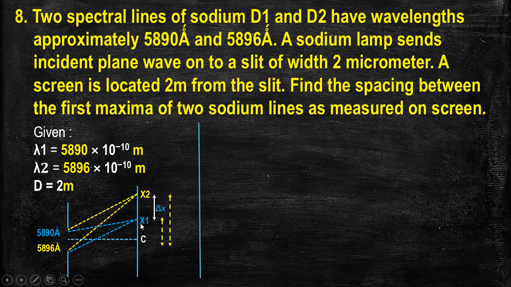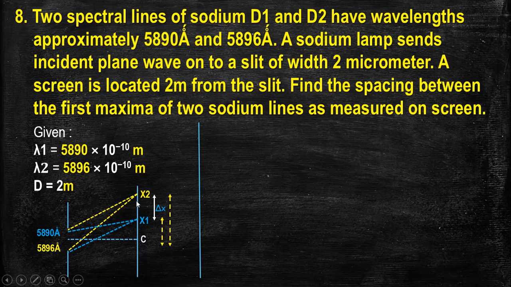are located. So first I am taking a first bright fringe due to the wavelength 5890, which is located at this point. The distance of this point from the center of the screen is x1.